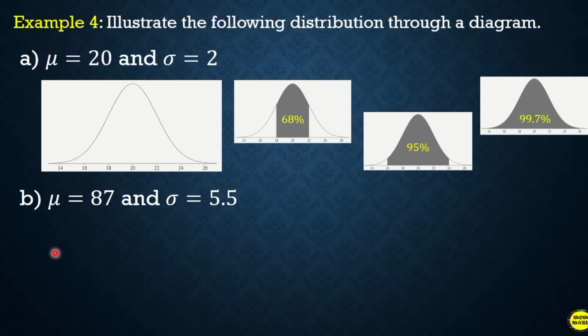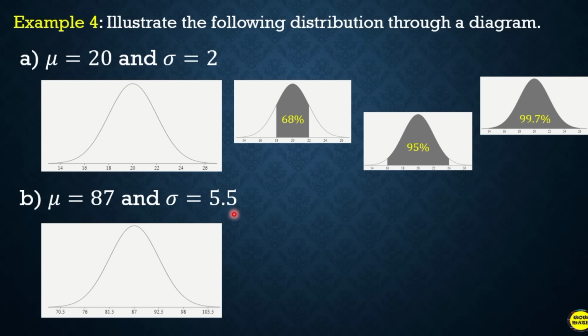Another example, kapag yung population mean is 87 and standard deviation is 5.5, so si 87 na sa gitna. So mag-add tayo ng 5.5 tapos add ulit ng 5.5, so ito makukuha natin. At dito naman sa left side, magsasubtract tayo ng 5.5. So kung kukunin natin yung 68% ng data natin, magsisimula yan kay 81.5 hanggang kay 92.5.